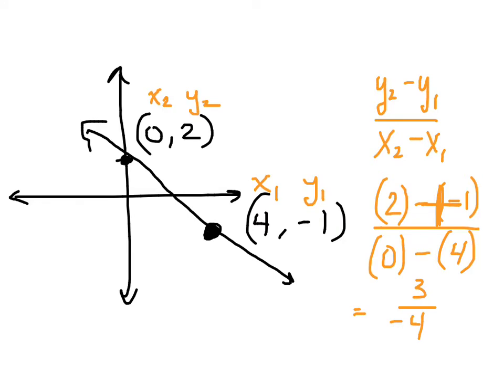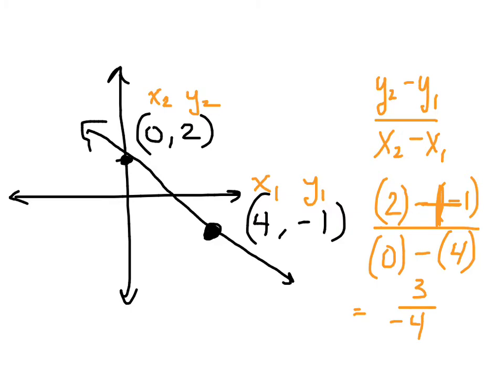And I want you to think about the line. Remember, if it goes downwards, it should be a negative. Was our slope negative? Yeah. Now, next thing, which is the y-coordinate, or y-intercept? Where does it cross the y-axis at? 2.